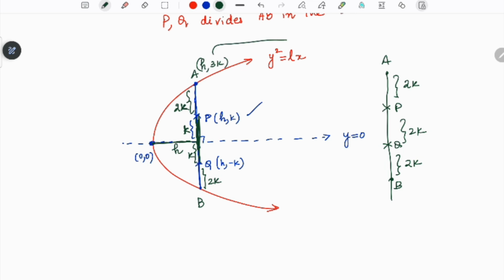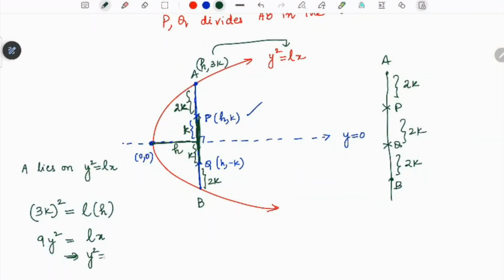But A should lie on the parabola, right? That means y coordinate square is equal to L into x coordinate, that is h. So that means 9k square is equal to Lh. Replace h comma k with x comma y to get locus. y square is equal to L by 9 x.